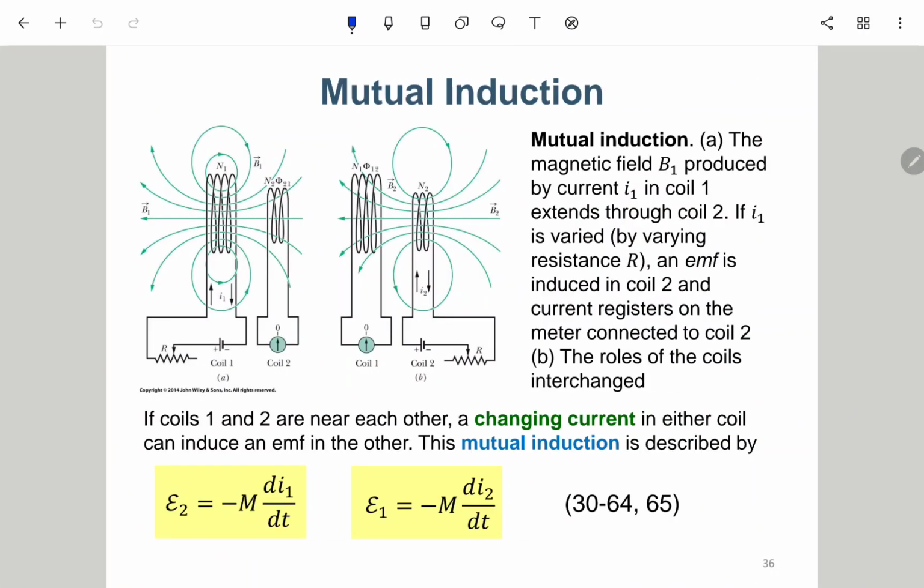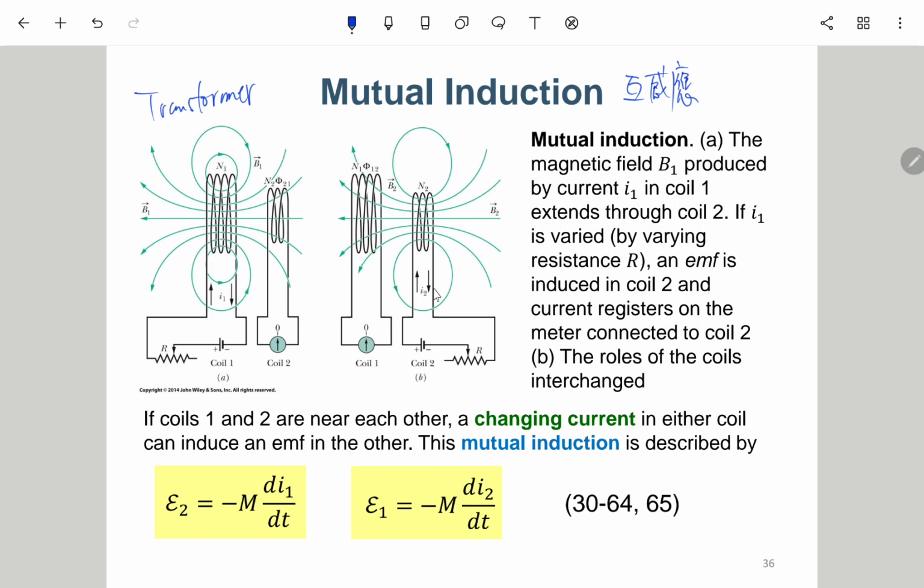Here we talk about something called mutual inductance. Previously we learned self-inductance. That is called self-inductance, and this is called mutual inductance. Mutual inductance, simply put, is a transformer.